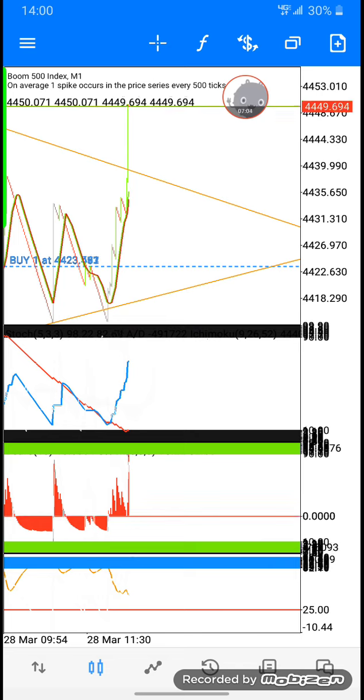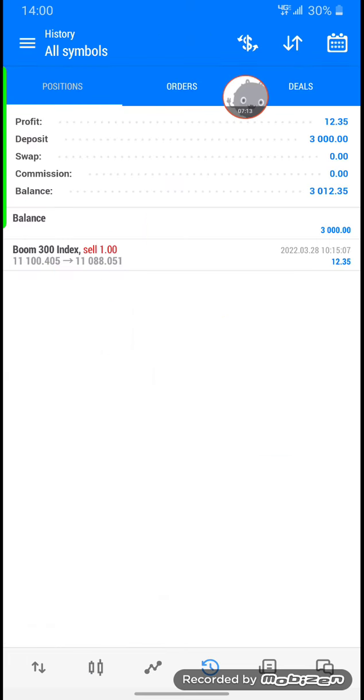As you can see, the account is also about to be doubled. Remember, I'm only using one lot. And today I didn't make any profit. I'm using one lot. This account, this is the deposit. I will show you when I'm going to withdraw from this account. This is just the deposit I started with, and the account is about to be doubled.